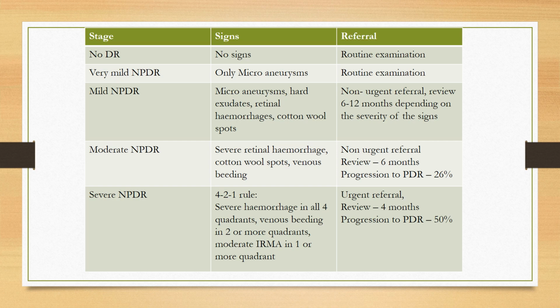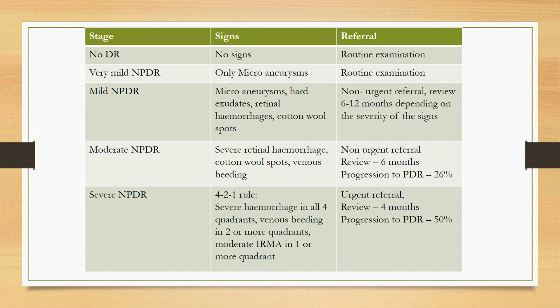In mild NPDR, you will see hemorrhages in one quadrant, in moderate you will see them in 2 or 3 quadrants, and in severe you will see hemorrhages in all 4 quadrants. Then you will have venous beading in 2 quadrants, then IRMA in 1 quadrant.